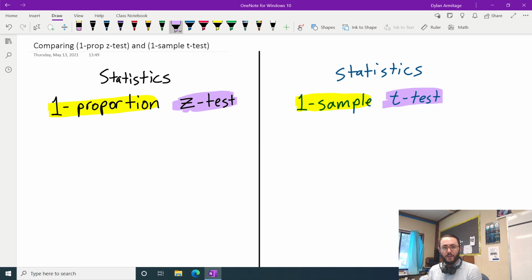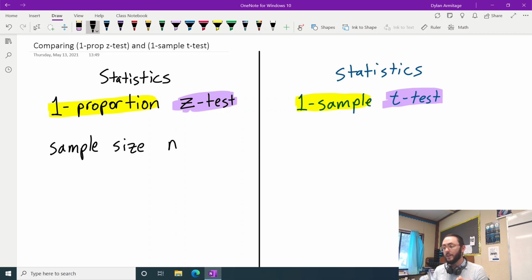And so for each of these, we have certain data or we collect certain things. Right? We have certain statistics for each one. For the one proportion z-test, okay, we have our sample size, n. Okay.